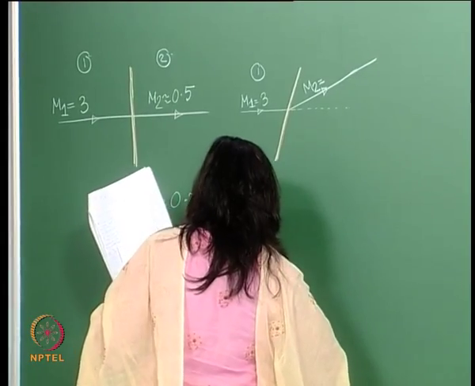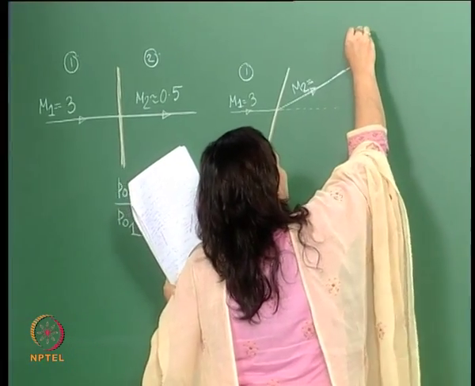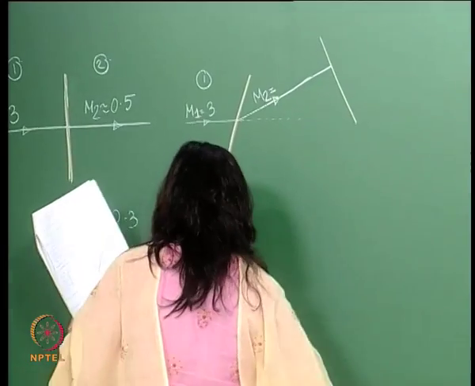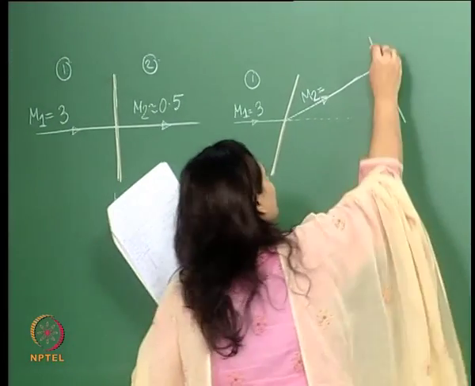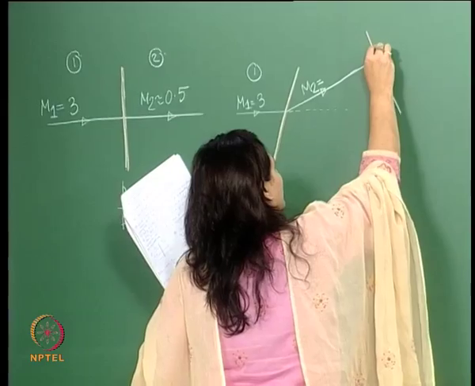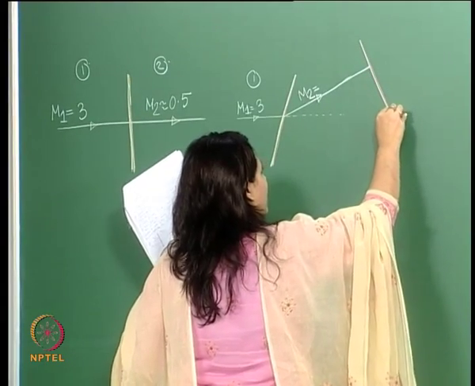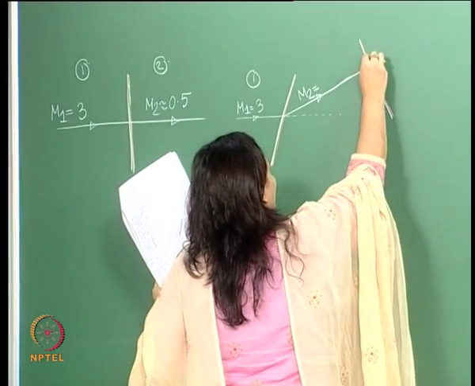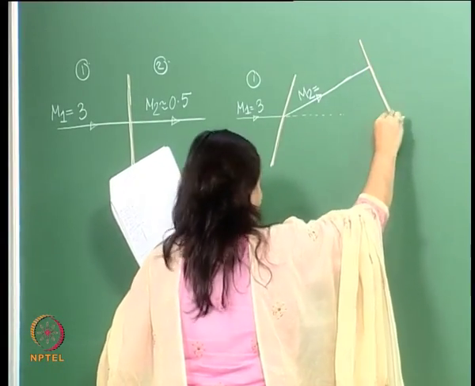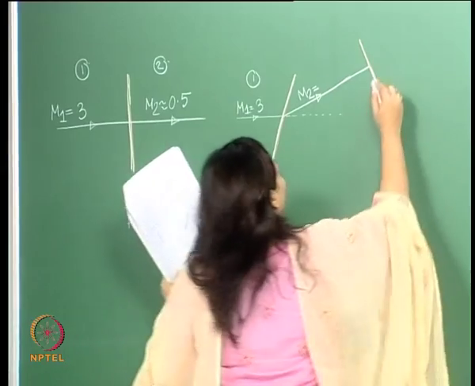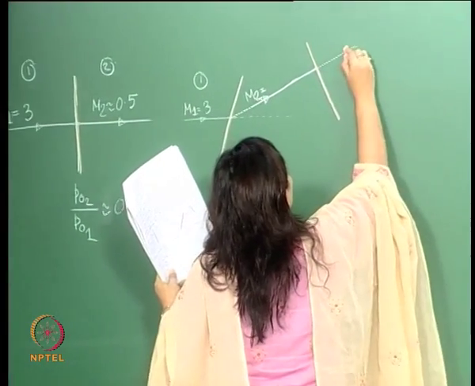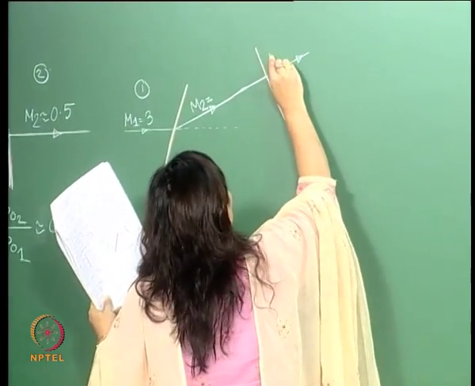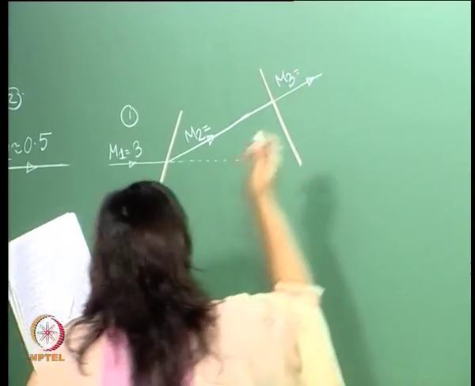Then we pass this across a normal shock, and this is M3.